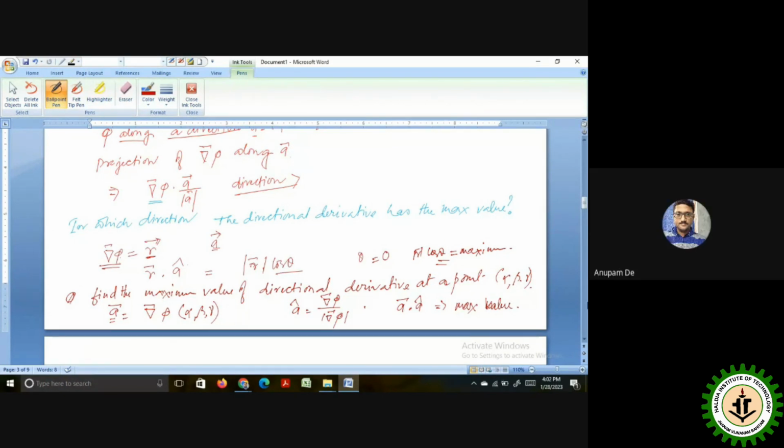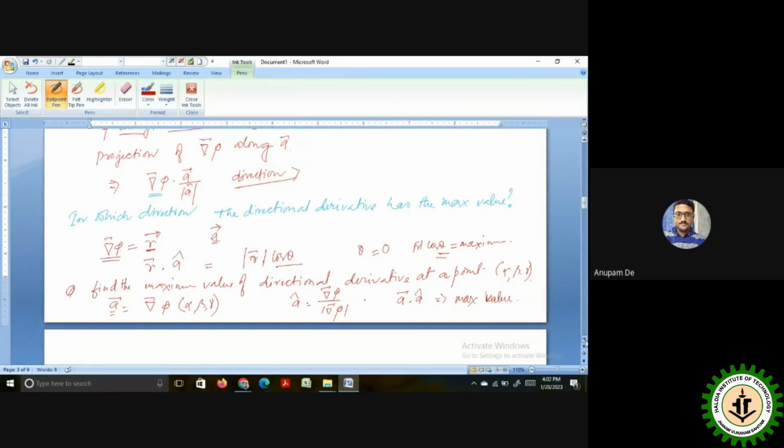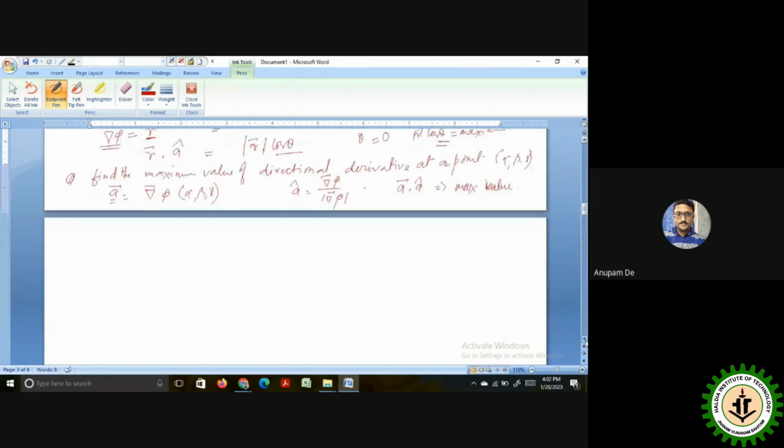One last type of problem which can come from this application of the gradient is to find the angle between two surfaces at a point.